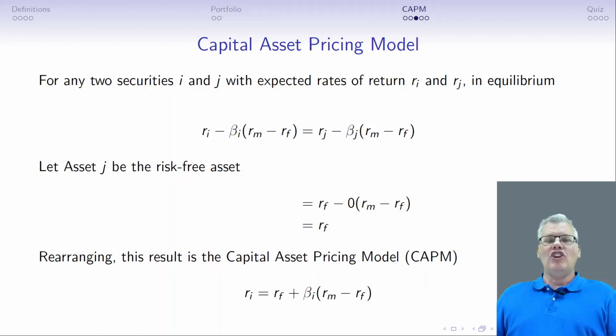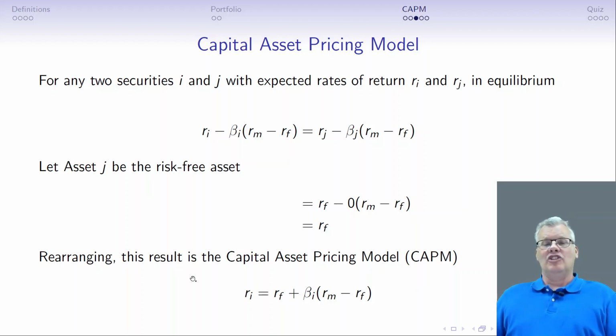Now, for any two securities I and J with expected rates of return R sub I and R sub J in equilibrium, this expression that I developed from the previous slide must be equal across different securities, right?